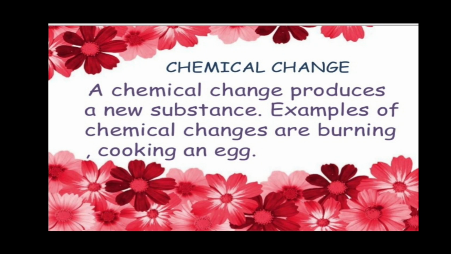In this case, the material cannot be brought back to its original form; we cannot convert ash into paper. So the new substance formed here is ash. When a new substance is formed, that type of change is called chemical change.